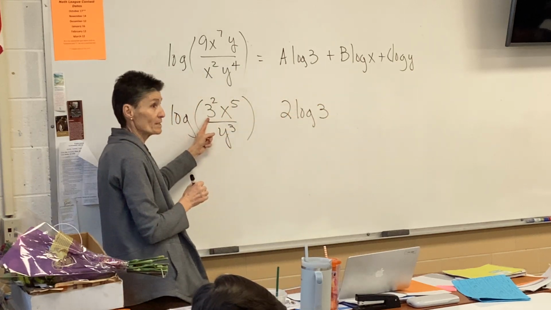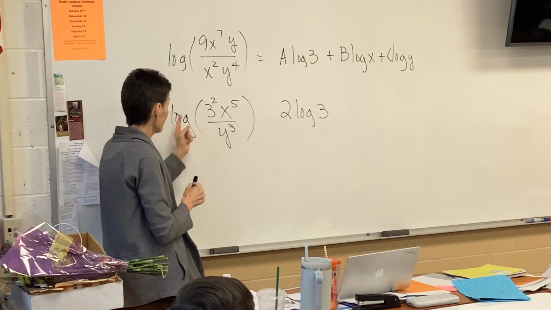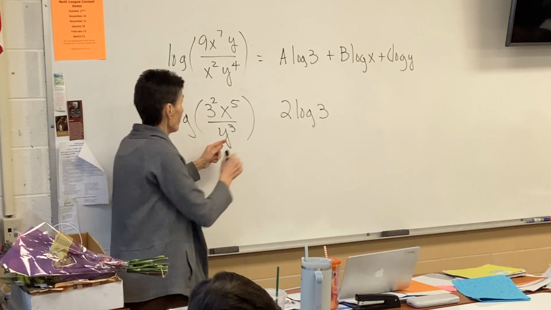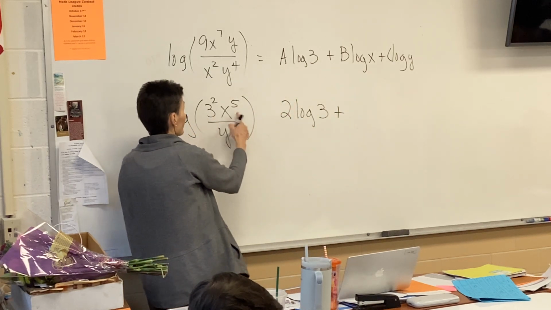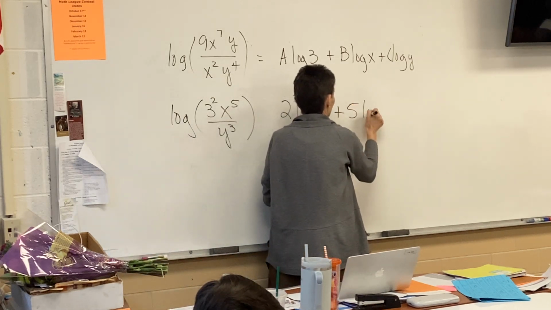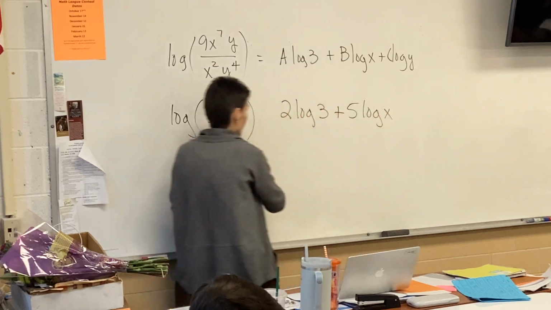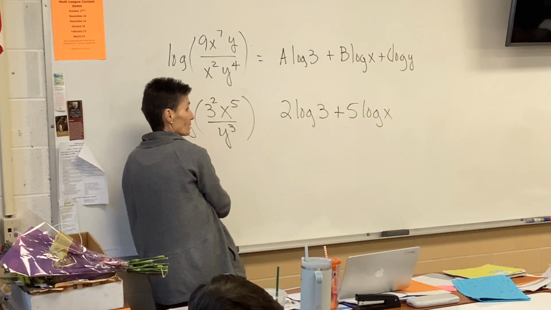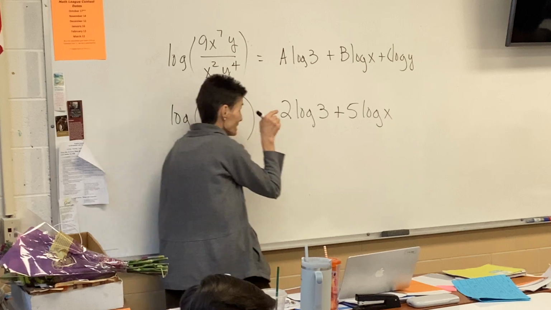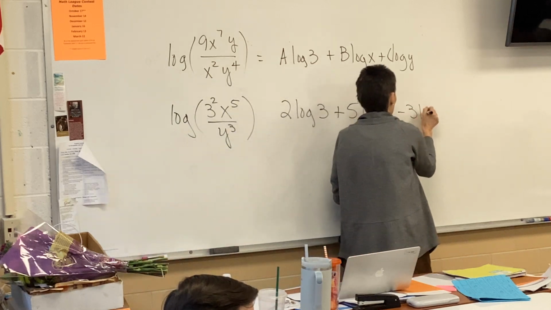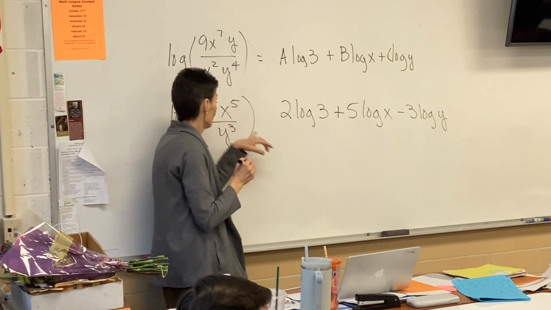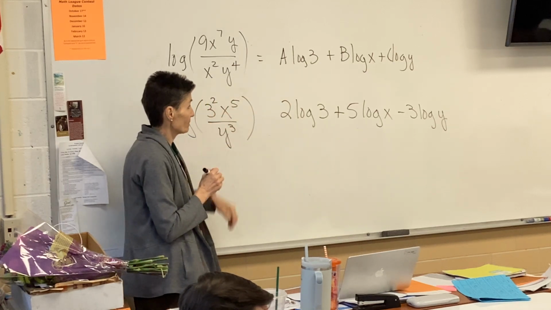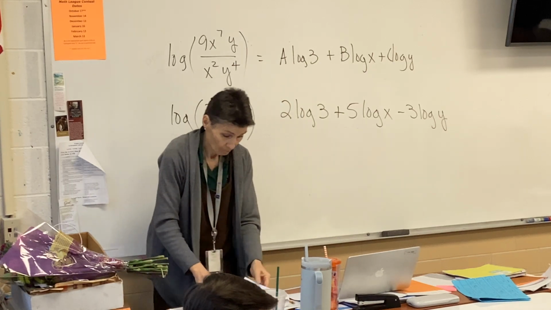It's the log of 3 squared, so it's gonna be 2 log 3s plus what? 5 log x's. Then what? Minus 3 log y. And why does that have to be a minus? Because that's a division, yeah, that's a division. Perfect.